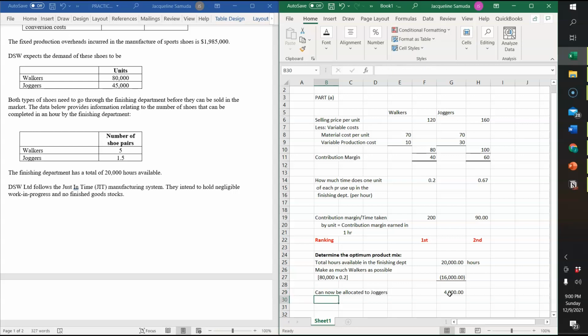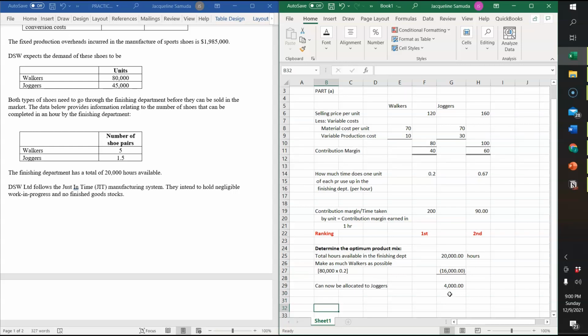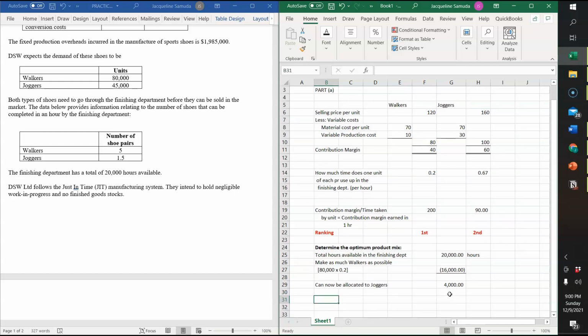So we need to now find out how many joggers that can make, bearing in mind that each pair takes 0.67 hours of the finishing department's time. So let's do a rough calculation here. We have 4,000 hours available, and each pair takes 0.67 hours.